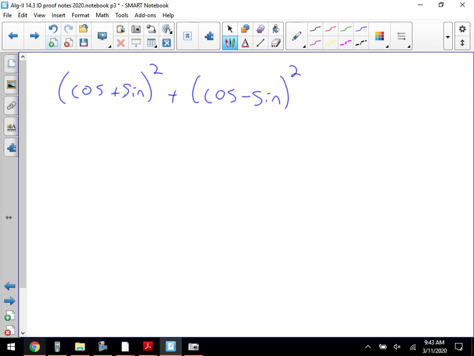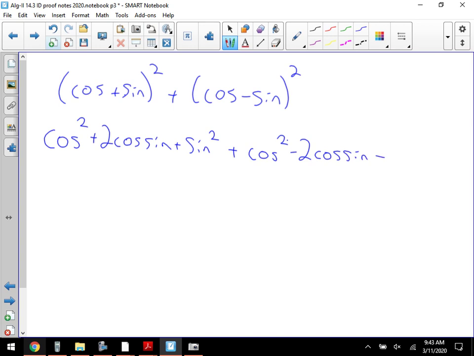So I have cosine squared plus 2 cosine sine plus sine squared, plus cosine squared minus 2 cosine sine plus sine squared. What's 2 cosine sine minus 2 cosine sine? 0. What's cosine squared plus sine squared? 1.